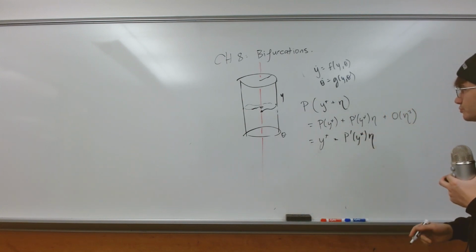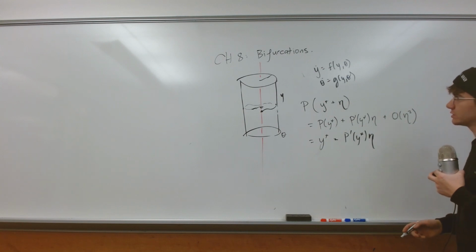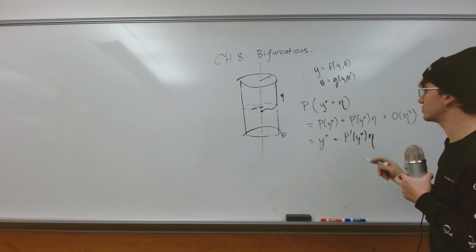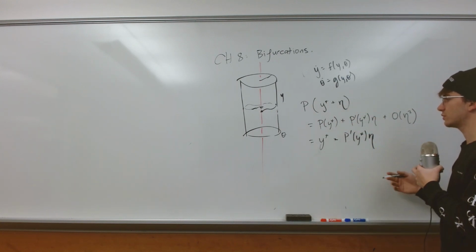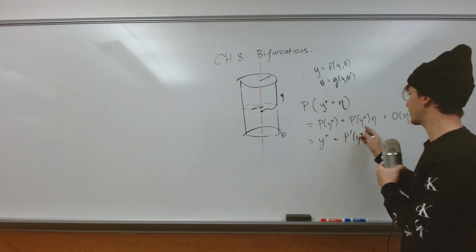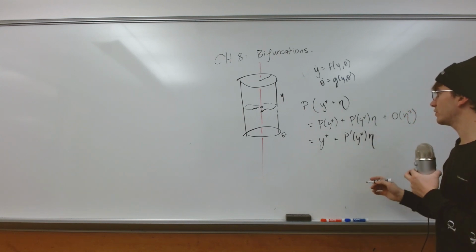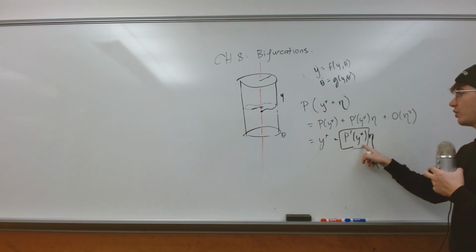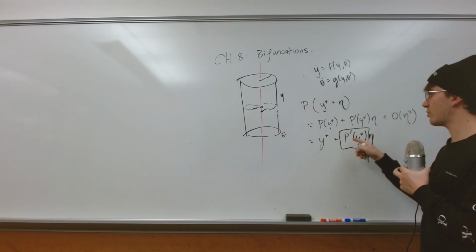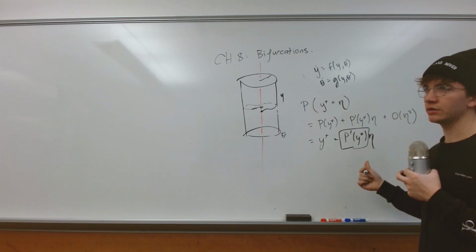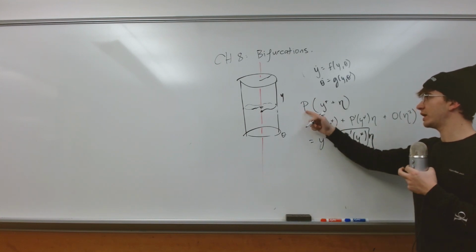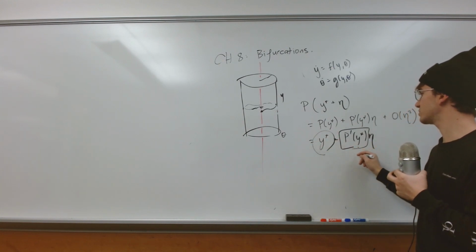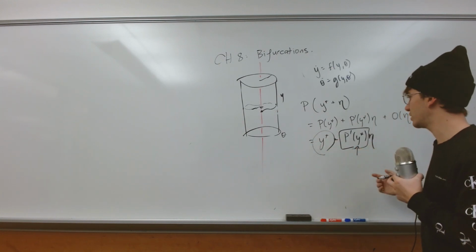And so the question is, does P of y star plus nu actually cause the perturbation to decay or to expand? Well, this is exactly given by the magnitude of P prime of y, okay? Because if P prime of y has magnitude less than 1, then each time I iterate the Poincare mapping, I'm going to end up with y star plus some number less than 1 in magnitude times nu.